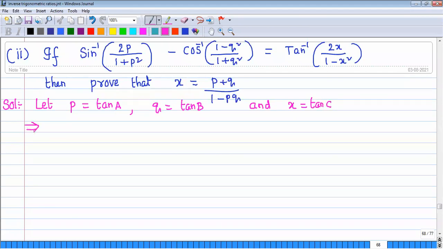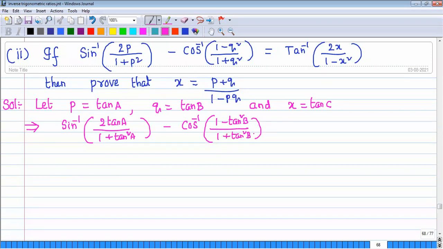So now this becomes sine inverse of 2 tan A by 1 plus tan square A, minus cos inverse of 1 minus tan square B upon 1 plus tan square B, equals tan inverse of 2 tan C upon 1 minus tan square C. In the last problem we discussed 2 tan theta by 1 plus tan square theta is sine 2 theta, 1 minus tan square theta by 1 plus tan square theta is cos 2 theta, and 2 tan theta by 1 minus tan square theta is tan 2 theta.